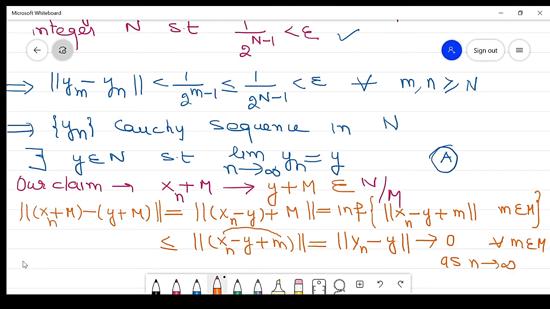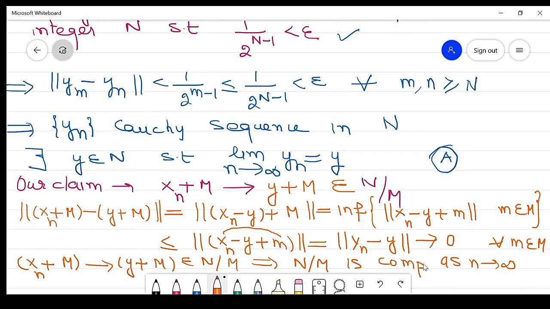So what we get is that the sequence x_n plus M converges to y plus M, and this y plus M belongs to N by M. So it means a subsequence of a Cauchy sequence is convergent, then it implies N by M is complete. If N by M is complete, then N by M is a Banach space.